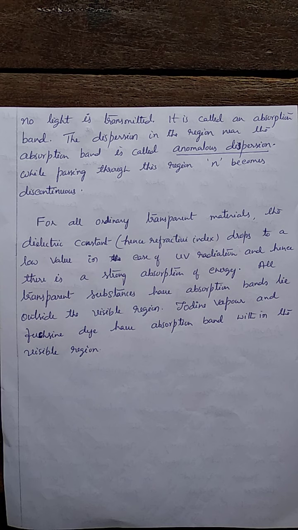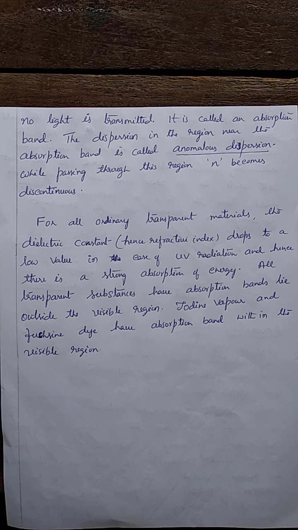Anomalous dispersion is observed in almost all transparent materials for ultraviolet radiation. When ultraviolet radiation is transmitted through transparent materials, anomalous dispersion occurs. No light is seen, an absorption band is produced, and there is strong absorption of energy.